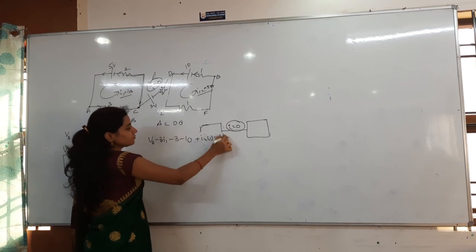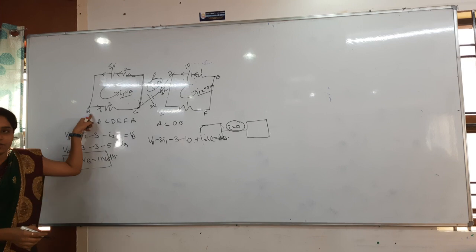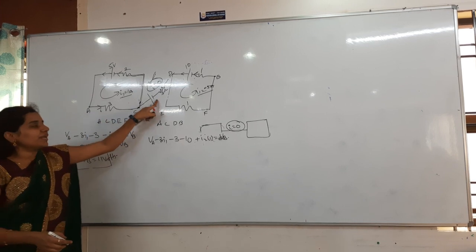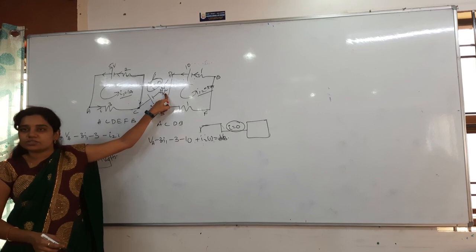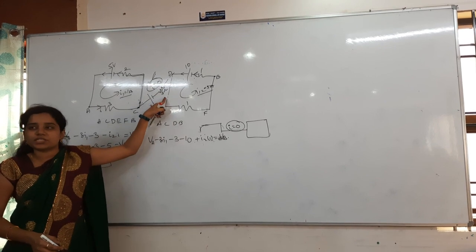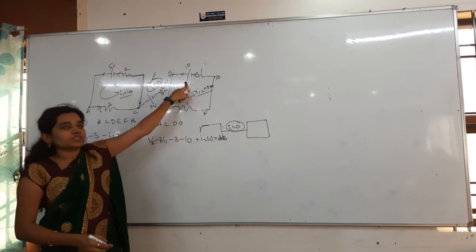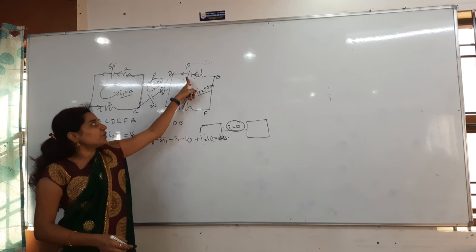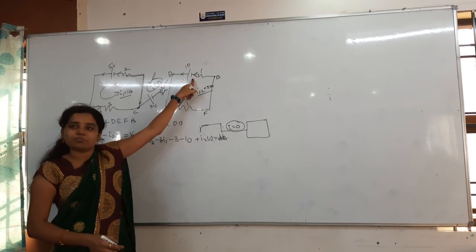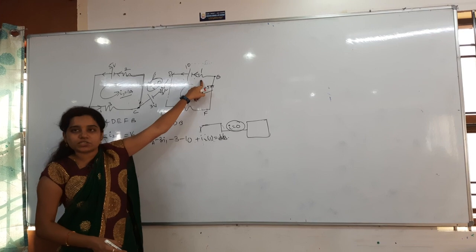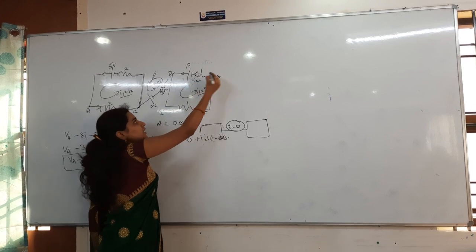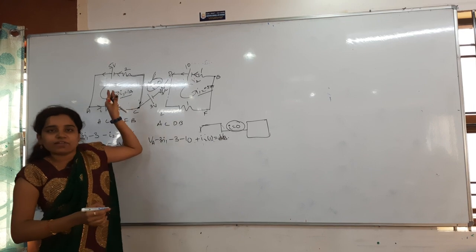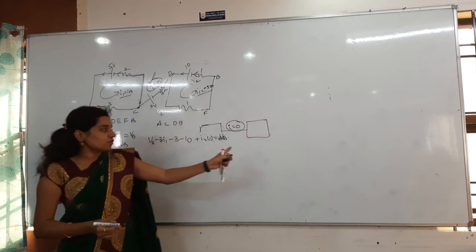VB. Listen again. VA minus 3I1 minus 3, because higher potential to lower potential. Here current is how much? 0. So the net voltage is how much here? 0 only. Again minus 10 volts battery, higher potential to lower potential. Again we got a resistor. In that resistor there is a current flow. I2 current flow is there in this direction, but we are traveling in opposite direction. So what will you get here?